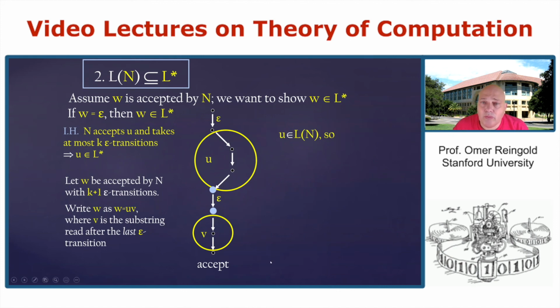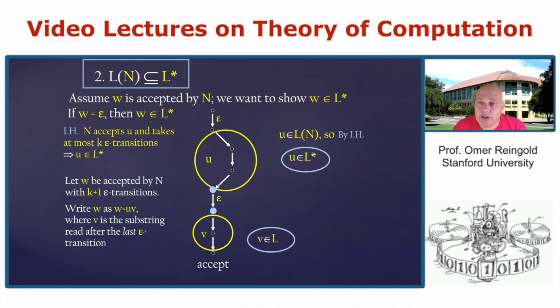And now, by the induction hypothesis, we can say that u is in L star, because we accepted u with k epsilon transitions. v, on the other hand, is in L. Why is it correct?